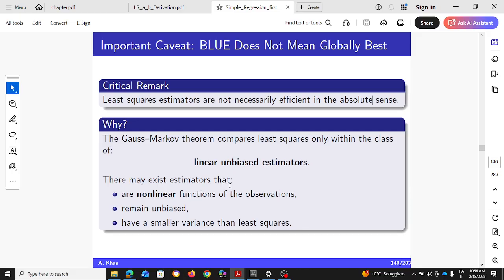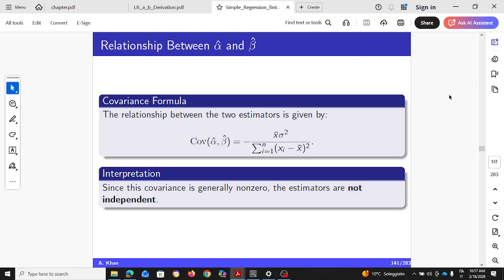So there could exist other estimators that give you minimum variance, unbiased but non-linear. What we say here is that in the group of linear estimators, the least square estimator is the best possible.